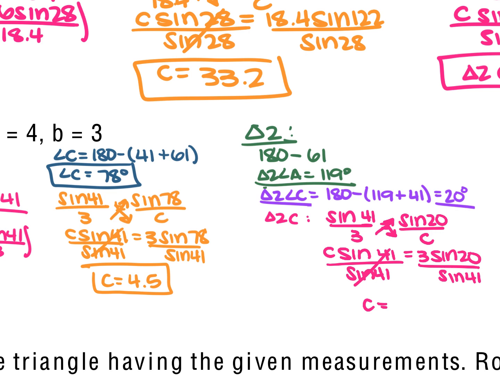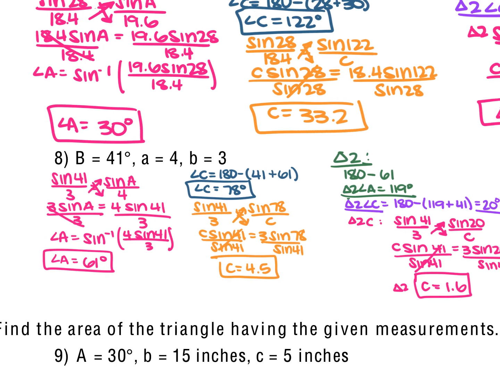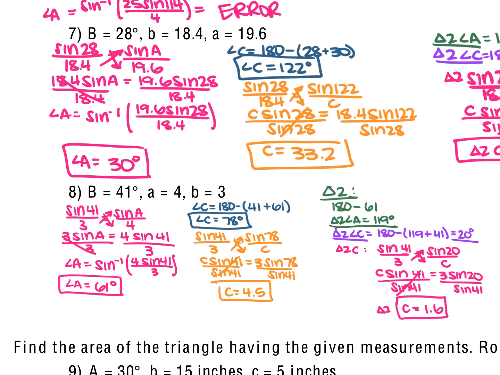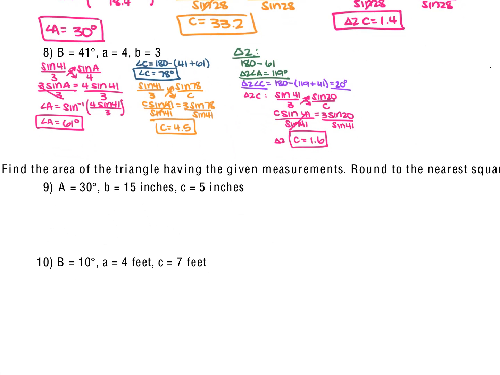Use your calculator. You have 3 sine 20 over sine 41. So it's 1.6. And that again is triangle 2. So with this one you have 2 triangles, and with the one before this, you also had 2 triangles. Your next section is asking you to find the area of the triangle given the measurements.